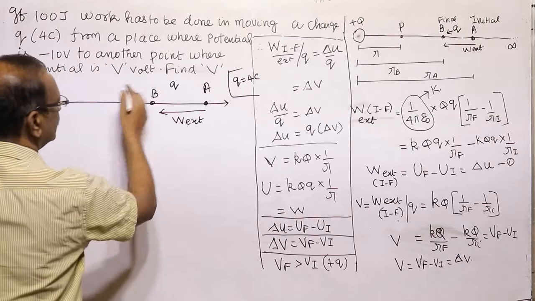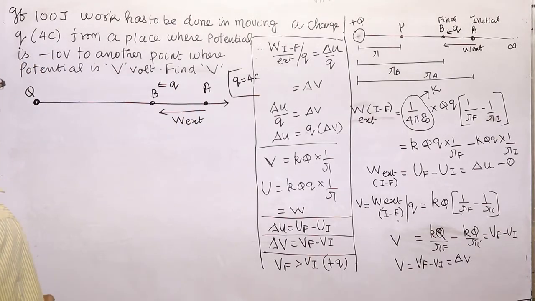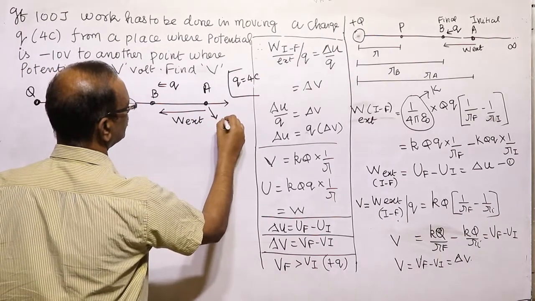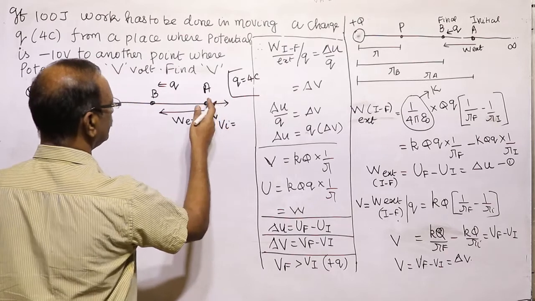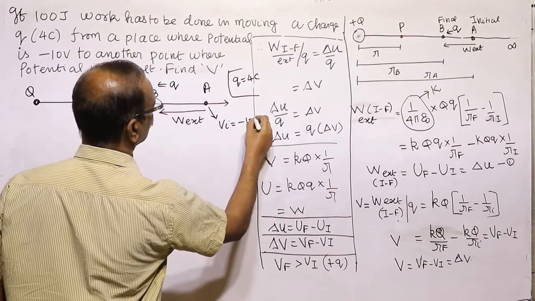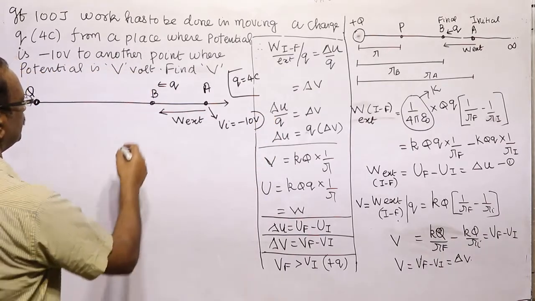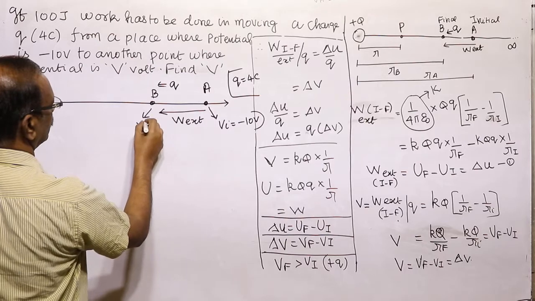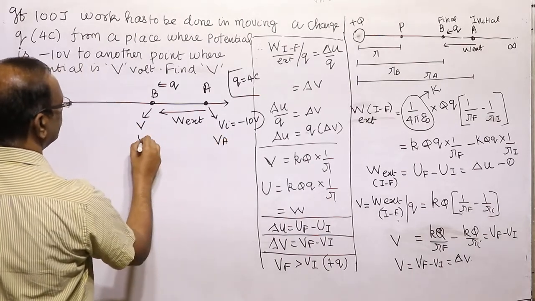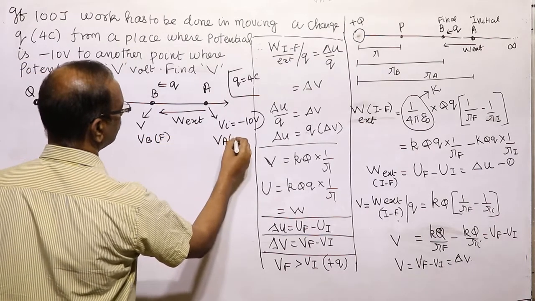The charge is moved from A to B. The potential at this point, which we call the potential at the initial point, is equal to minus 10 volt. And at this place we have to find the potential, which we call V at A, and this we call V at B. This is the final point and this is the initial point.